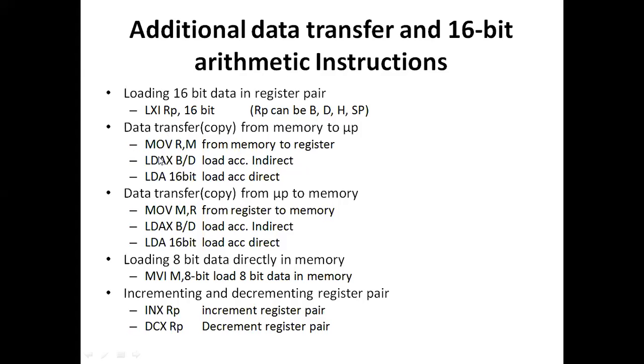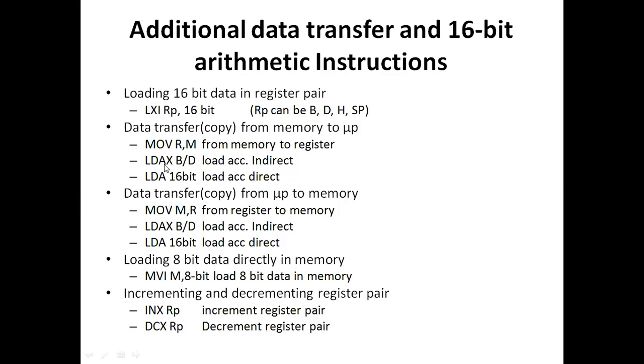The next instruction in this category is LDAX B/D, which means we use either B or D. It is an instruction which loads the accumulator indirectly. How does it load the accumulator indirectly?